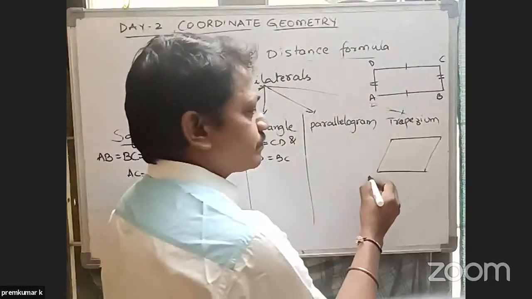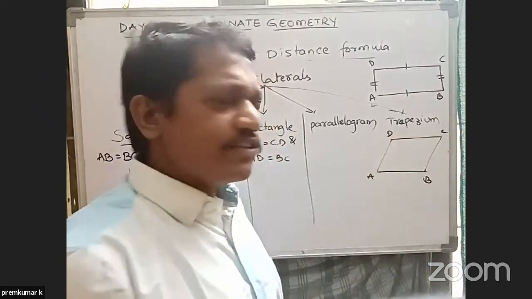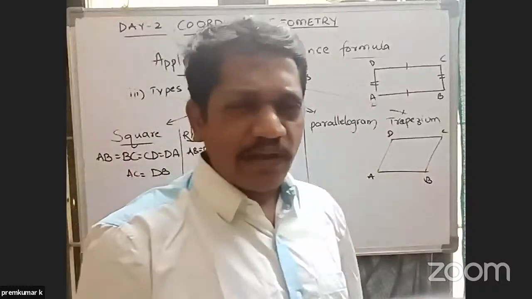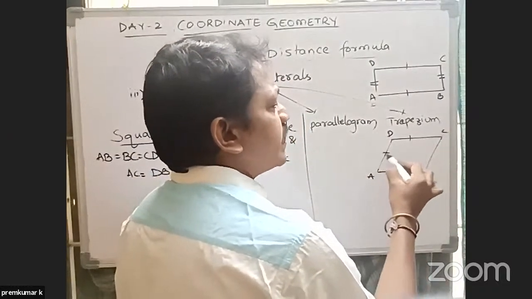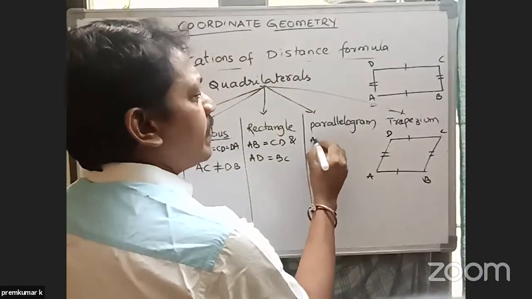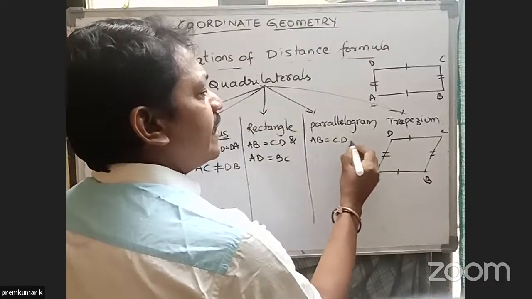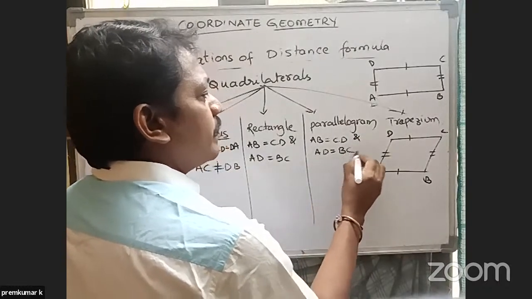Come to here, A, B, C, D. Here also the properties of the parallelogram are the same. Two pairs of opposite sides are equal. Here also AB is equal to CD and AD is equal to BC.